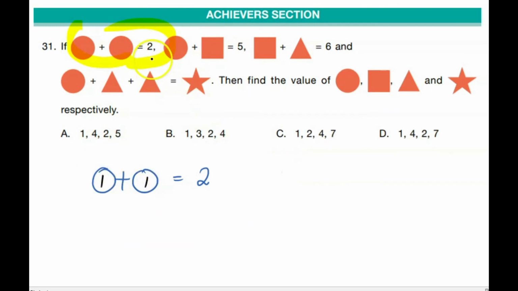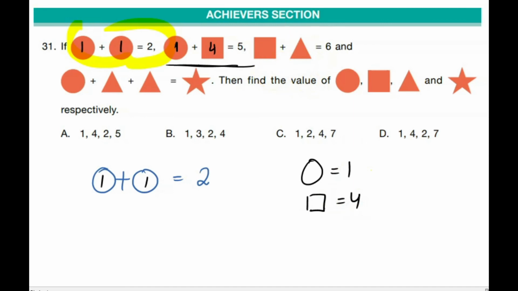So we know that the value of circle is 1. Now this equation says circle plus square is 5. Circle is 1. 1 plus what is 5? 1 plus 4 is 5. So circle is 1, square is 4.